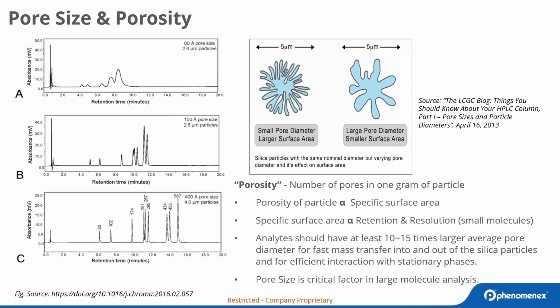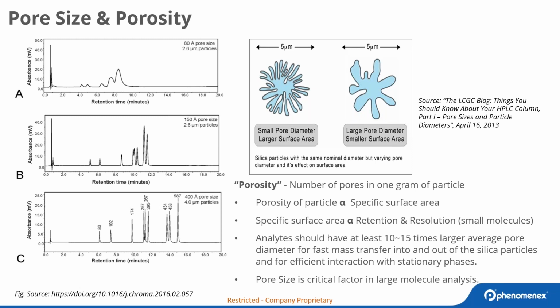So there can be a particle having only very small pores, but a small number of those pores, and therefore it will have a small specific area compared to a particle with more pores, which would have a higher porosity, even if those are small pores.